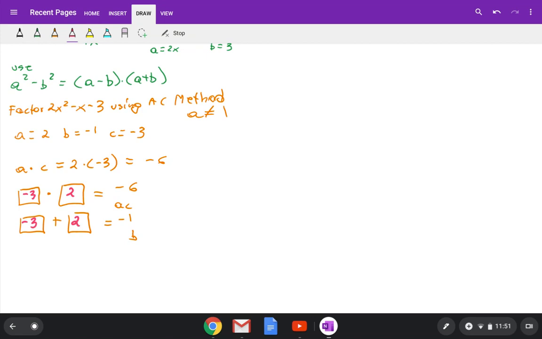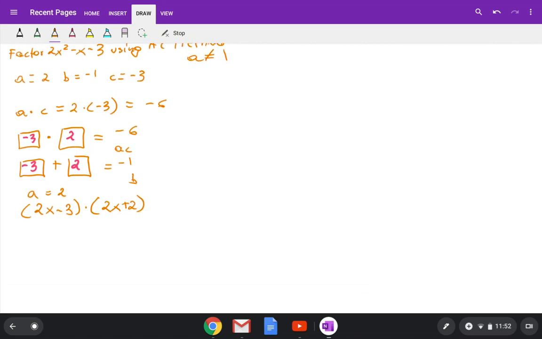Okay. Next, don't forget here that A is not equal to 1, so you have to create two factors: 2x plus first integer, which is plus -3, times 2x plus second integer, which is 2.